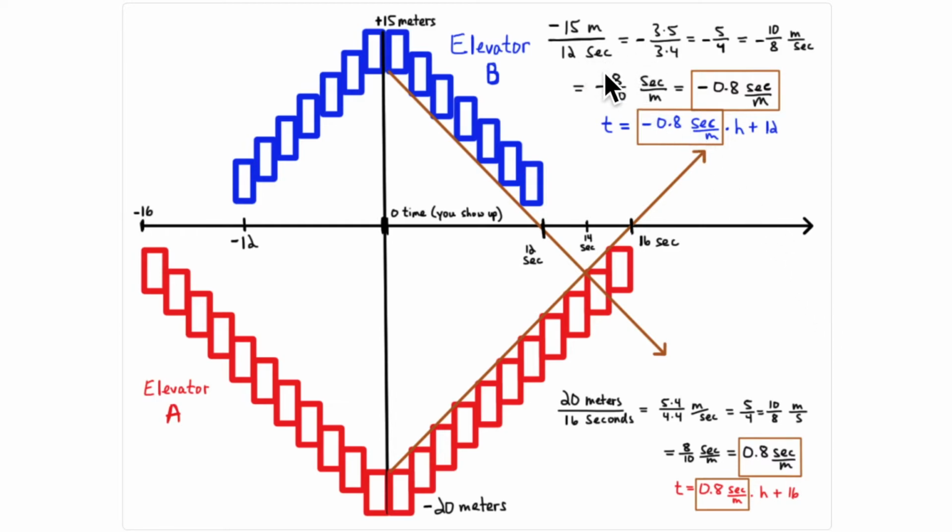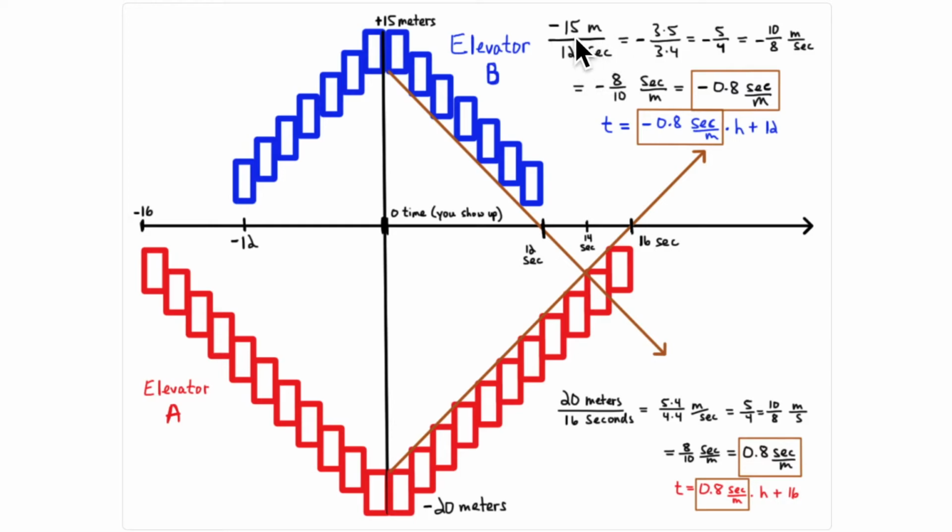This is just showing you that this elevator is moving down at the same rate that this elevator is moving up. So this is a negative 8/10 seconds per meter. So this is a negative 15 meters. So it's going down 15 meters for 12 seconds. You go out here 12 seconds, and it goes down 15 meters. That's a negative 15 meters per those 12 seconds.